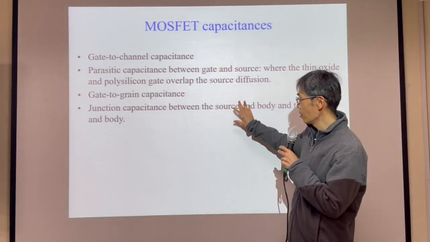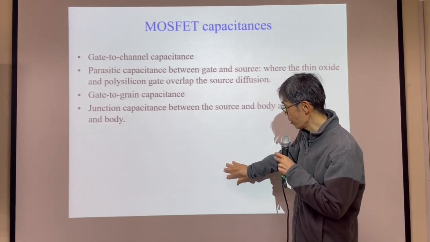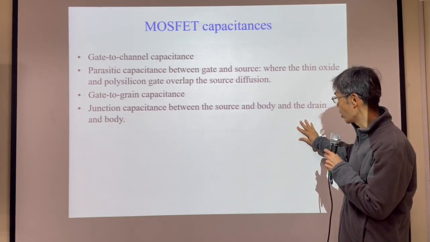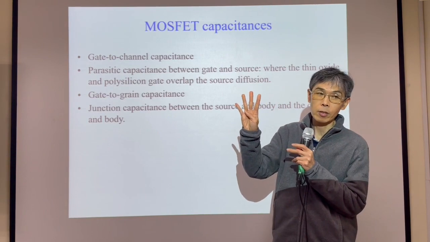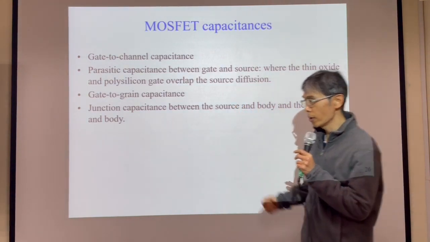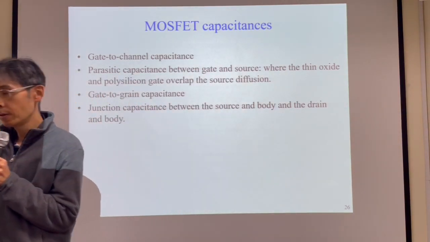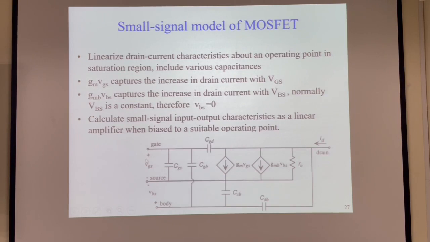So we have gate to source, body to source, body to drain, gate to drain. We have four capacitances, which we need to consider when we model the operation of the device.